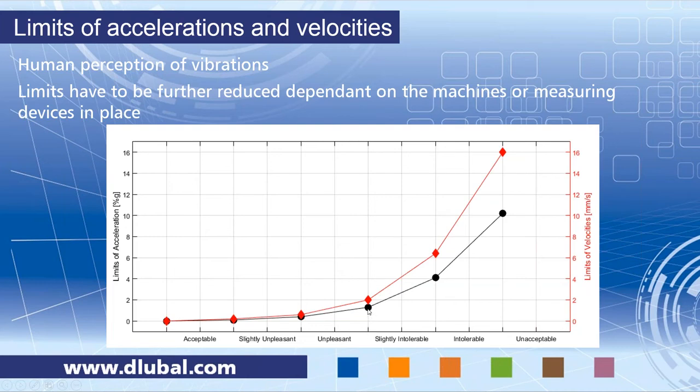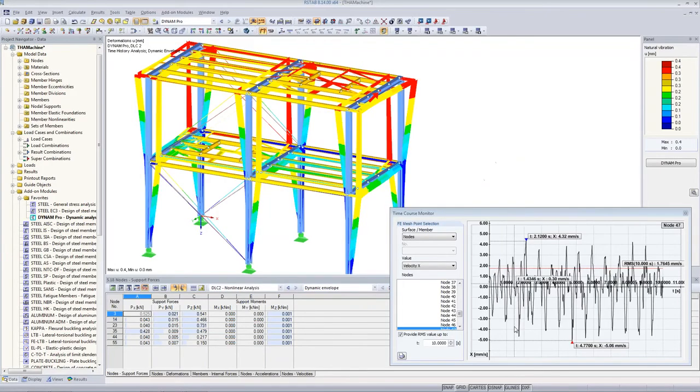And so we have 1.3% of g. So this is then approximately 130 millimeters per square second would be okay as a limit of acceleration. And in red, you see the limits of velocities. And here you should have no more than 2 millimeters per second. And back to the example, this is what we fulfill.